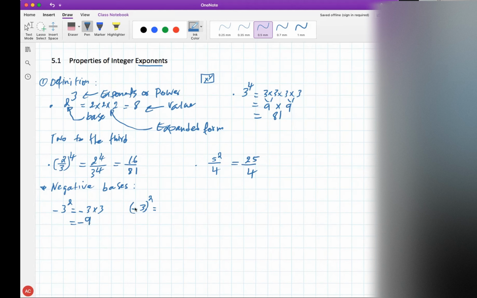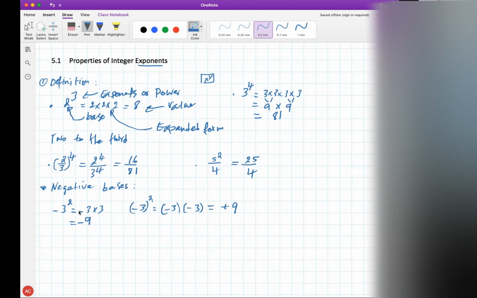But this one, the minus is part of the base. So the base is everything inside the parentheses and the 2. So if we expand this, we're going to multiply negative 3 by negative 3, by negative 3, it's positive 9. Exactly, that would be positive 9. You see how it's different from this one. This one is negative. So if you don't have parentheses, the minus is not part of the base.